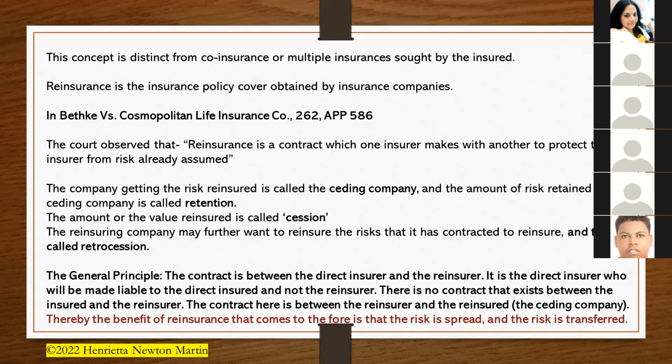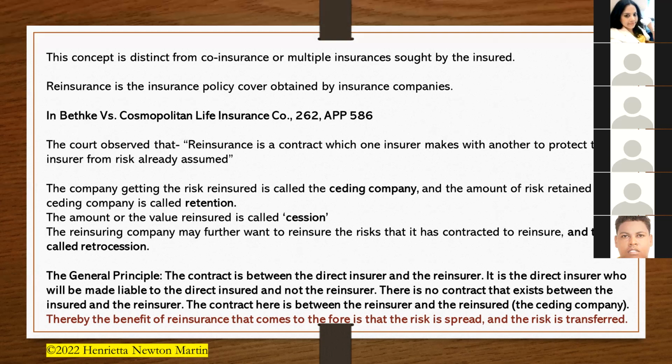Let me repeat this. The insurance company getting the risk reinsured is called the ceding company, and the amount of risk that is retained by the ceding company is called retention. The amount of value reinsured is called cession.